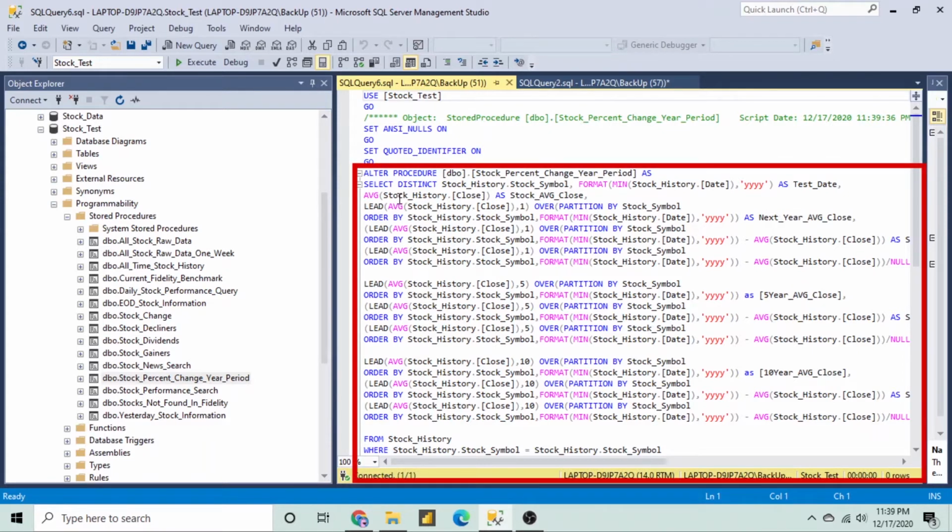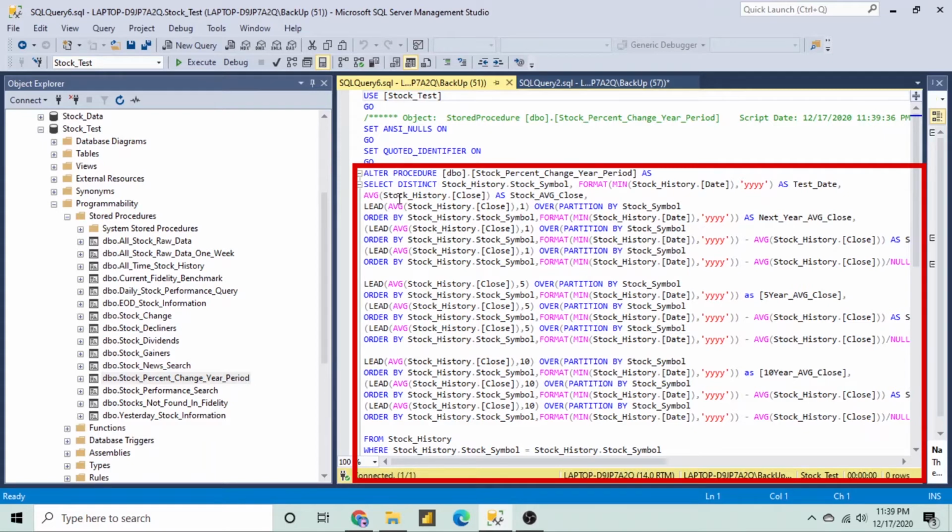The first thing that we have here, we are going to select the distinct stock symbol, then the stock history date. This is our overall stock history data. We're going to pull the date and format it as the year as well. We are going to use the MIN function just to retrieve one date record.